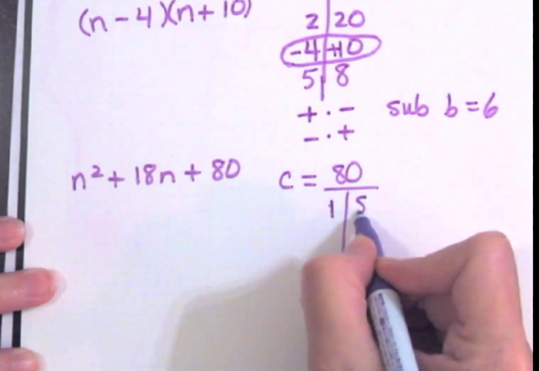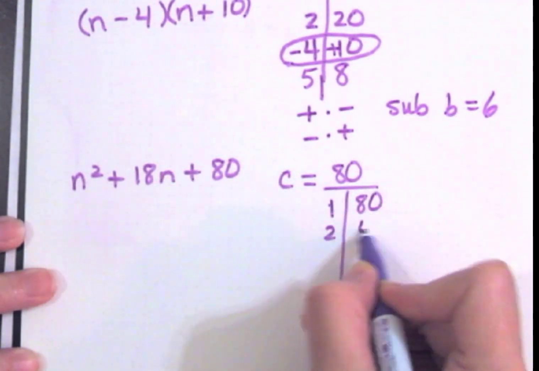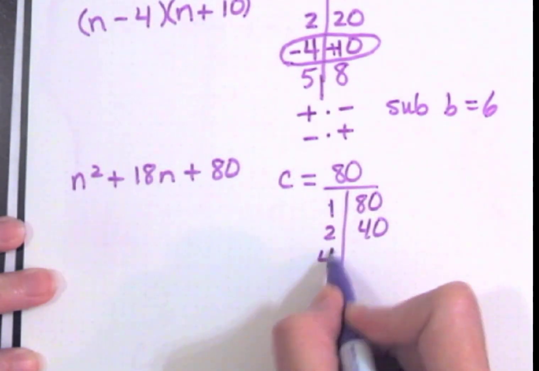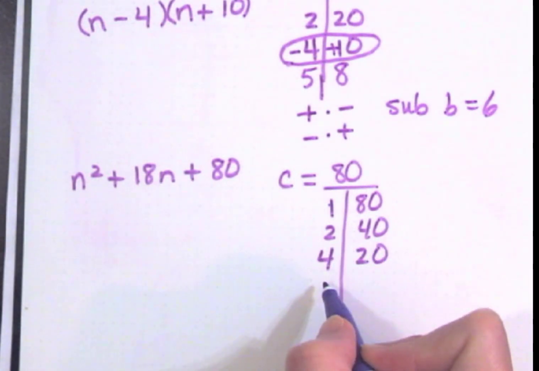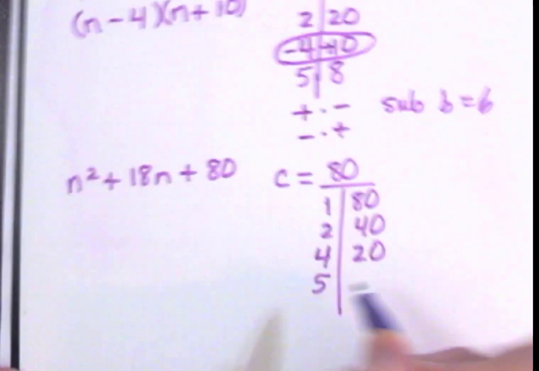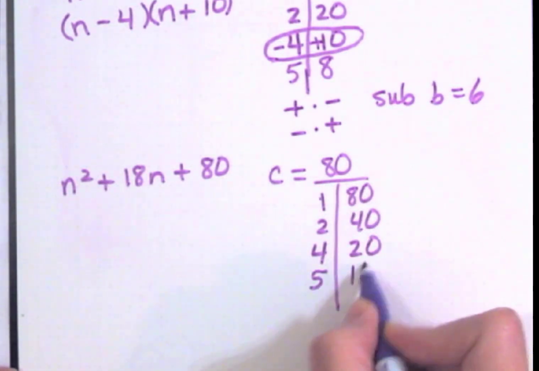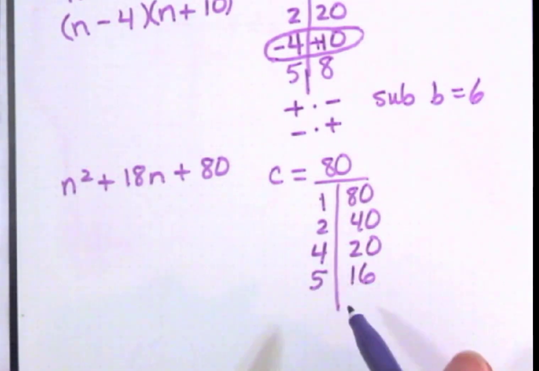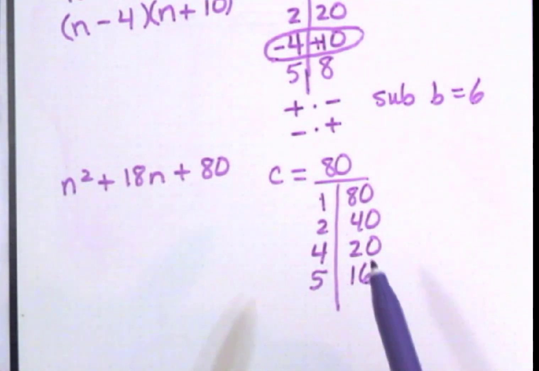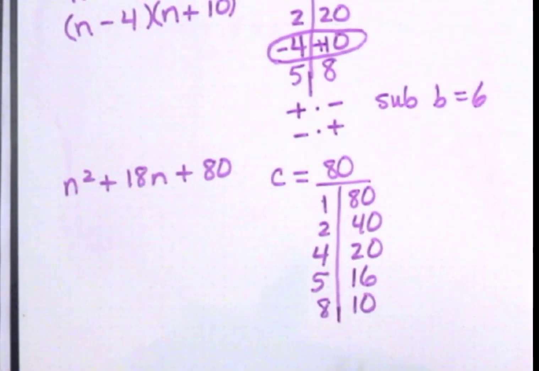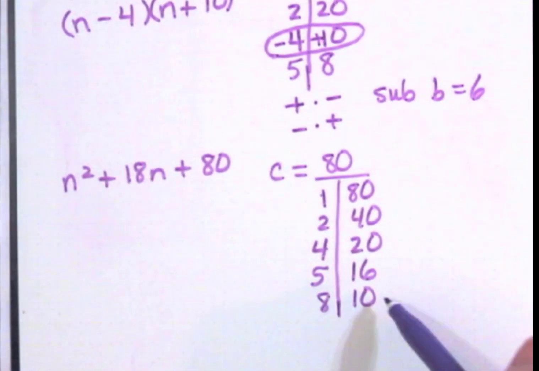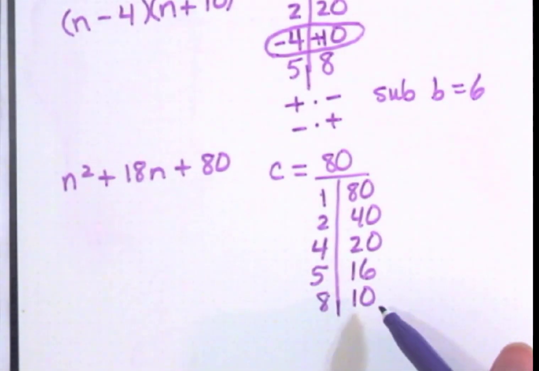So start with 1, 1 and 80, 2 and 40, 3 doesn't go, but 4 does. 80 divided by 4 is 20. Move up to 5. 80 divided by 5 is 16. 6 doesn't go, 7 doesn't go evenly, but 80 divided by 8 is 10. 9 doesn't go evenly, and we already have 10. So it lets us know we can stop.